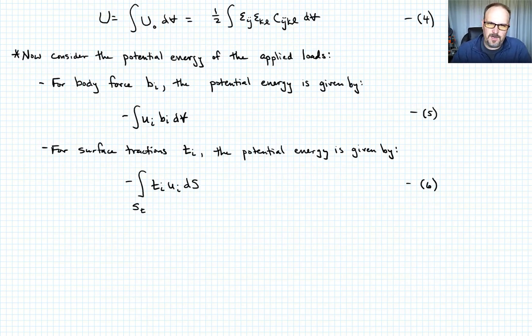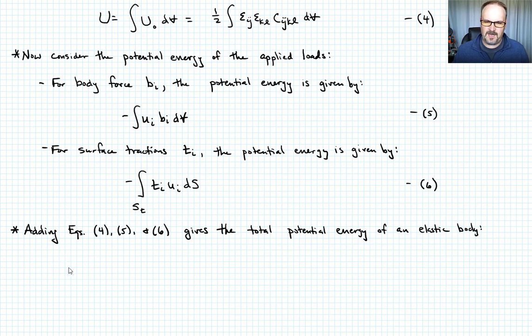So adding equations 4, 5, and 6 gives us the total potential energy of an elastic body. We define that, remember, as capital Pi.